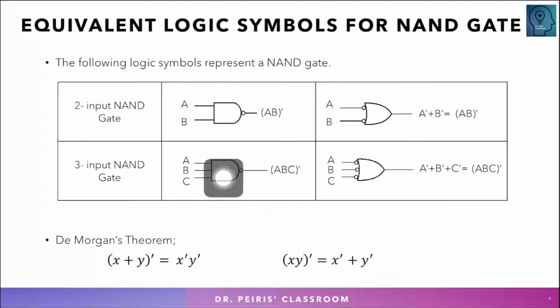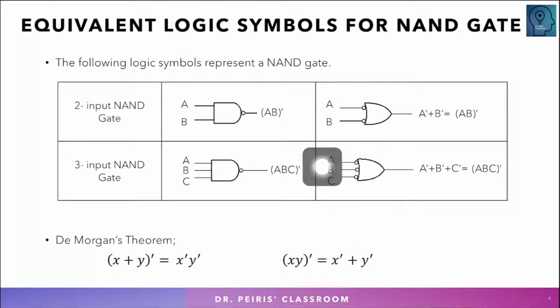Same thing for the 3 input NAND gate. This is a 3 input NAND gate. The output is ABC complement. Once you have the inversions at the inputs of the OR gate, they are going to be A prime, B prime, C prime, and going through the OR gate it becomes A prime or B prime or C prime. Following De Morgan's theorem, this is equal to ABC complement.